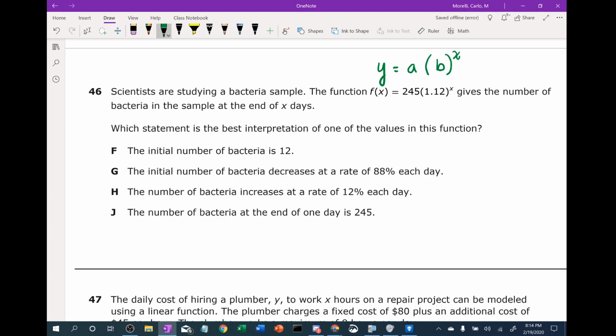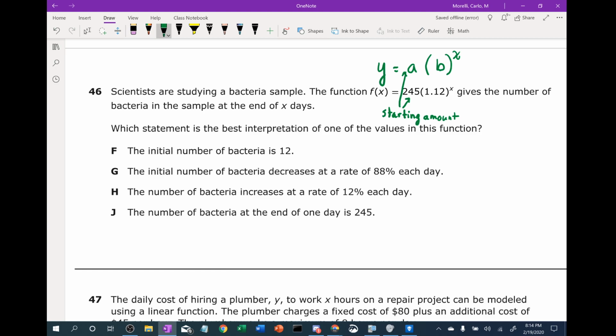So a, or 245, this represents the starting amount. So let's go through and see if there's anything about 245.